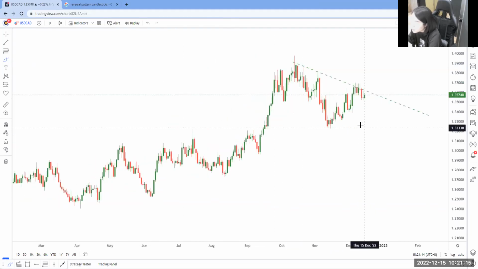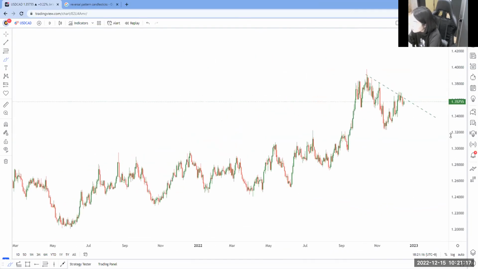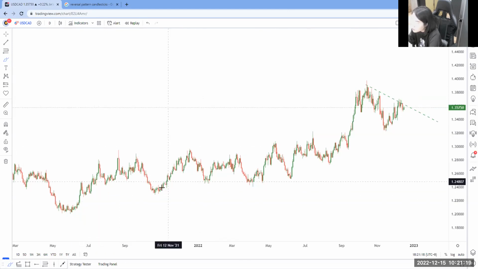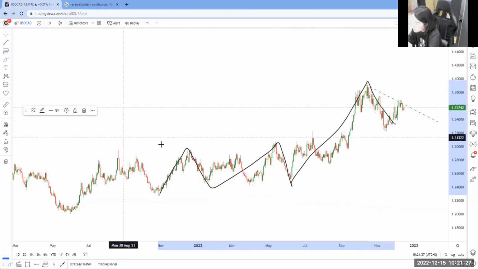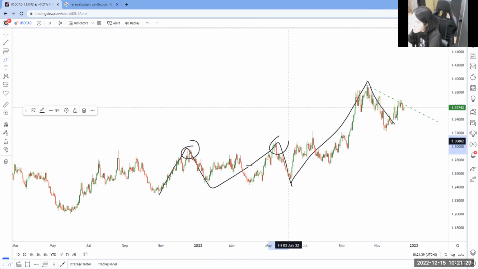Okay, but if we're looking at the even bigger picture, USD CAD is actually on an uptrend. Do you see that? It's making higher highs and higher lows.